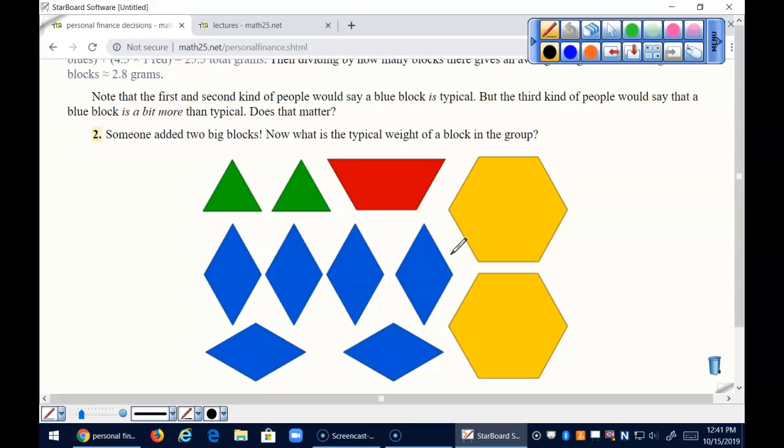Yeah. What was the total weight? Total weight was 43. So what did we get with 43 divided by 3? I got 4 grams. Approximately. That's 3.9. And how did you do that?